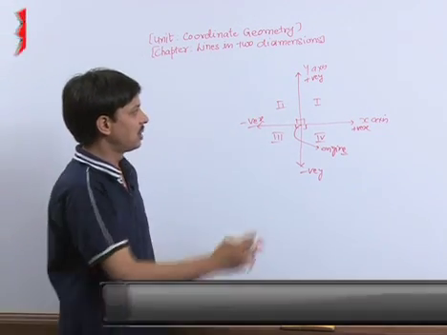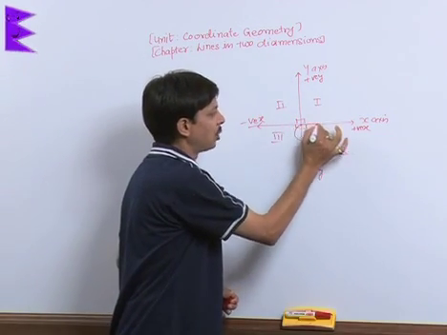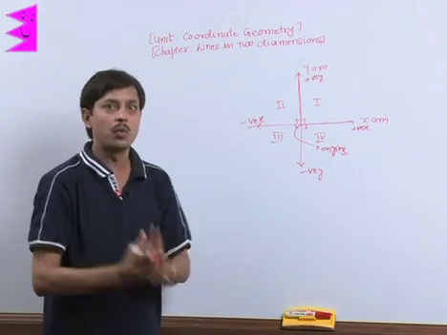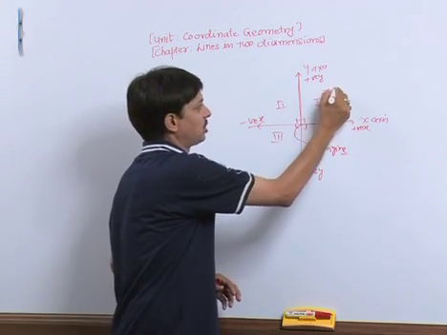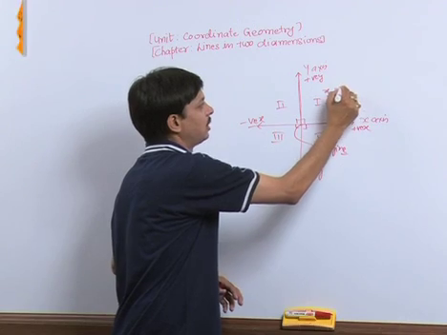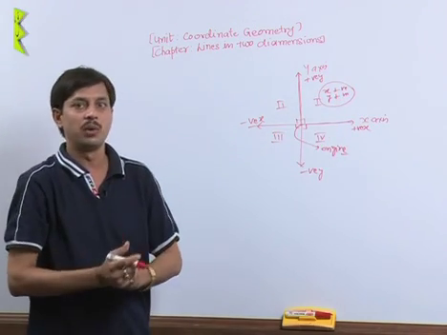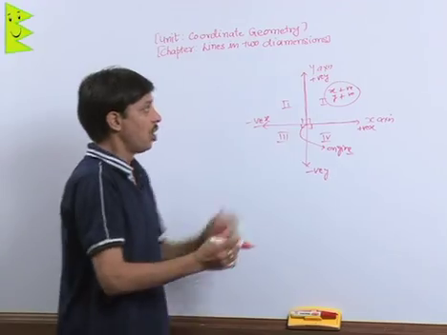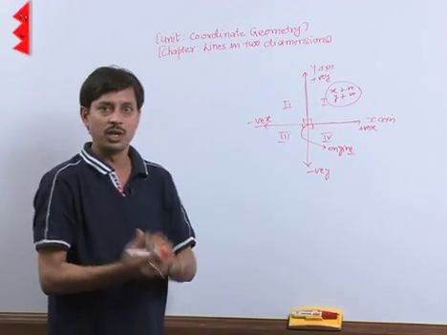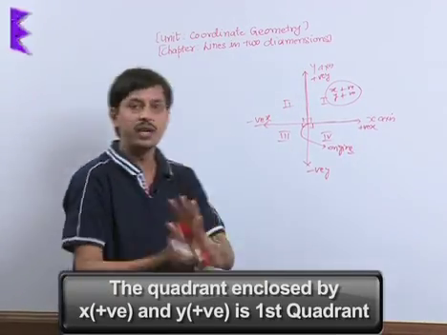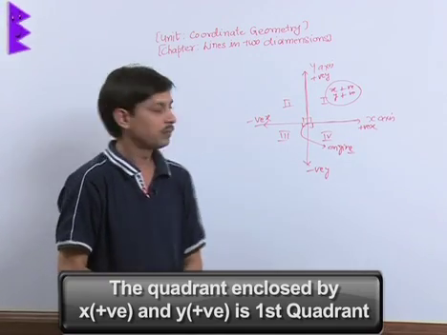Now the question comes, when positive x and positive y enclose one quadrant, that is when x is positive and y is positive, when both are positive, that comes in quadrant number 1, the first quadrant, where x and y both are positive, or you can say the quadrant enclosed by positive x and positive y is known as the first quadrant.